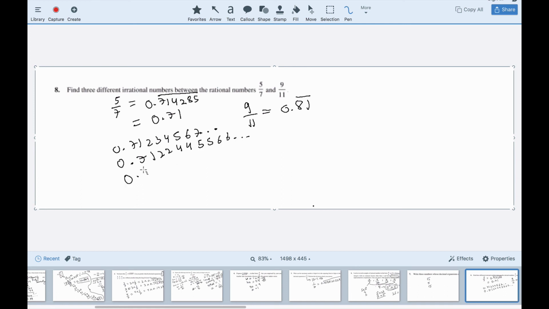Then I can write 0.7156677889 and so on. You can write any numbers, but the numbers should not form a repeating pattern. The pattern should not repeat. Next.